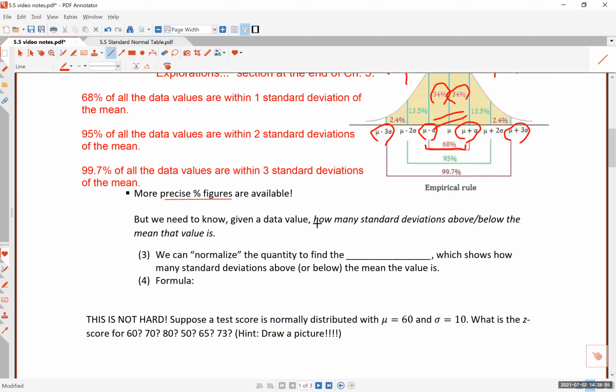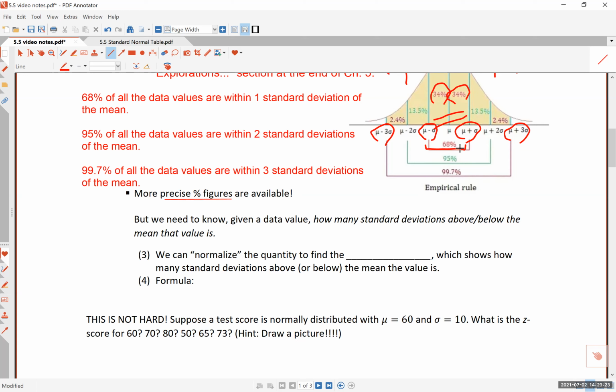But anytime you have a normal distribution, you can have different means and different standard deviations. If all the numbers are small, the mean could be a small number and the standard deviation could be even smaller. If you're talking about a large number, let's say mu, the average, is 40,000 pounds, maybe something really heavy, and the standard deviation could be like 3,000.